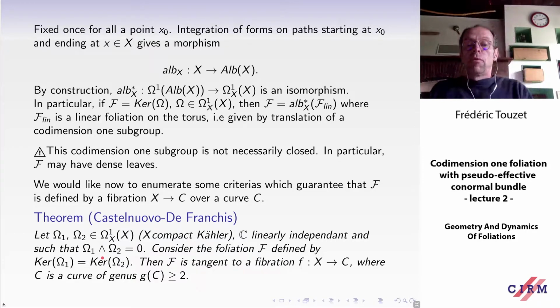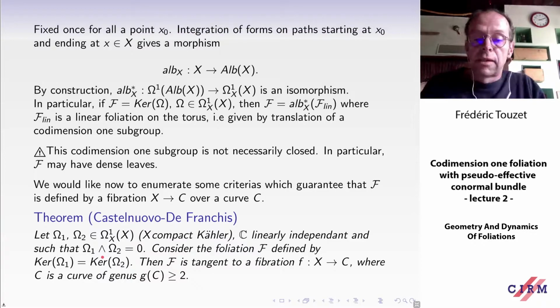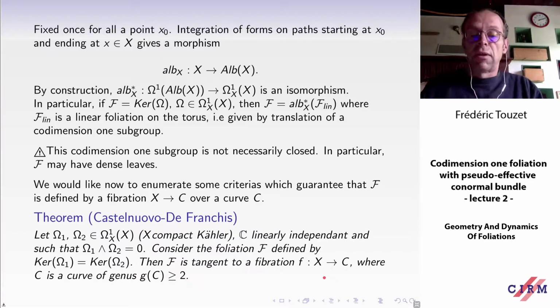So omega 1 and omega 2 define a common foliation, that is F. The conclusion of the theorem is that the foliation F is indeed given by a fibration, it is tangent to a fibration f of X onto a curve C. And these curves C necessarily have genus greater than or equal to 2.